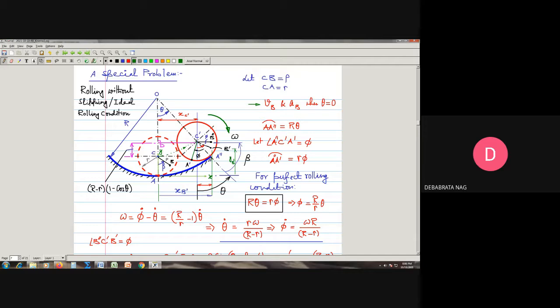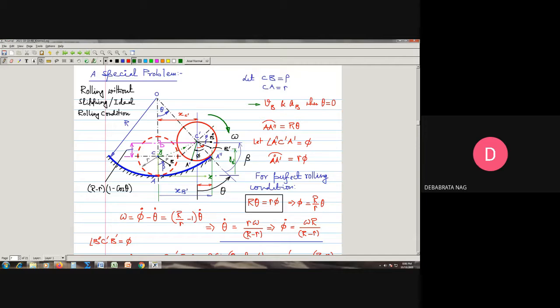But in doing so, you see here, the center comes to its desired location C dash, yet this point A has not come to its desired location. So what to do?